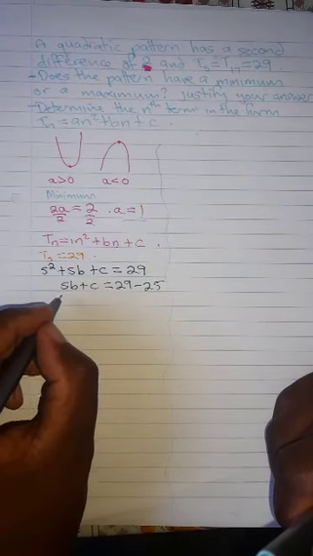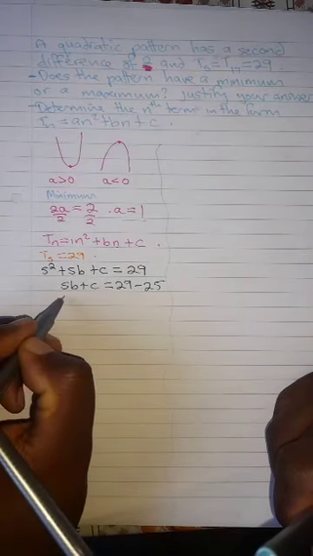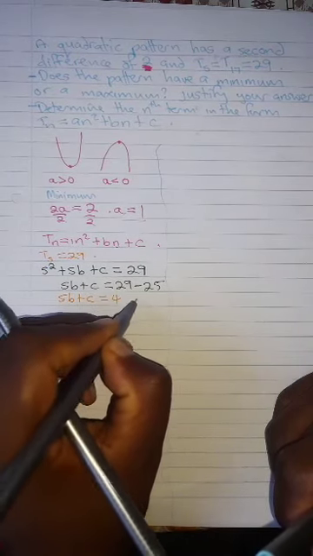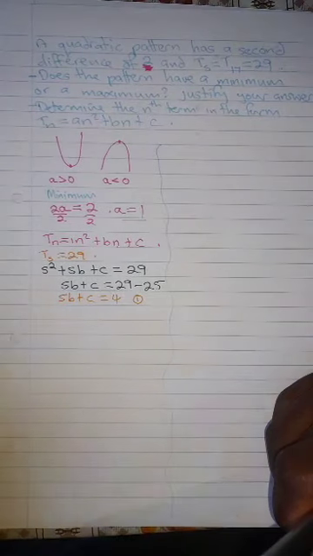So your equation is 5b plus c is equal to 4. This is equation number 1.